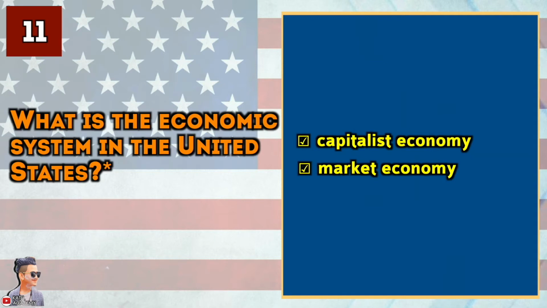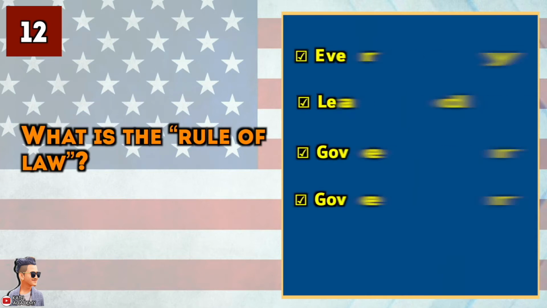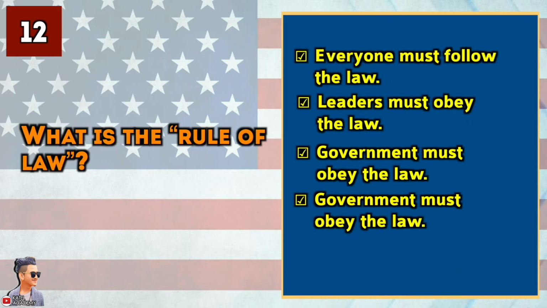Market economy. What is the rule of law? Everyone must follow the law. Leaders must obey the law. Government must obey the law. No one is above the law.